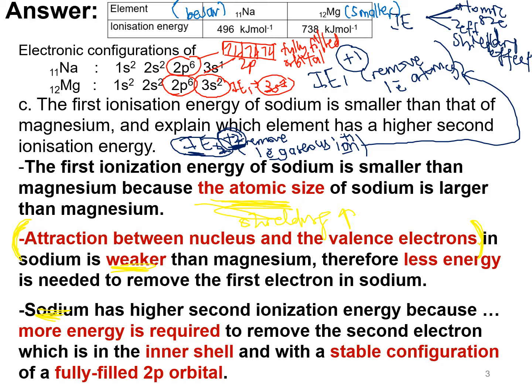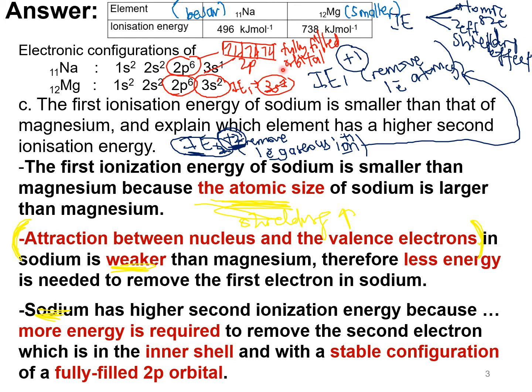Okay. But in Na there is a problem. If I took away one of the electrons in a fully filled 2p orbital, it will disturb the stability of the 2p orbital. Okay.